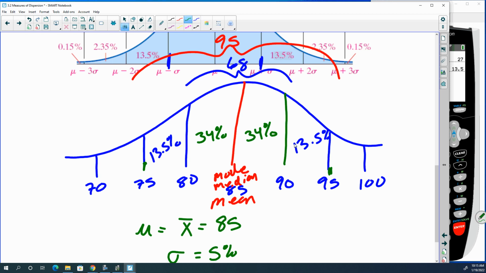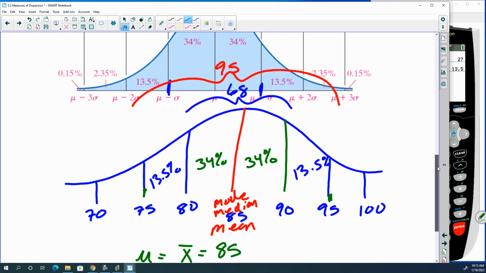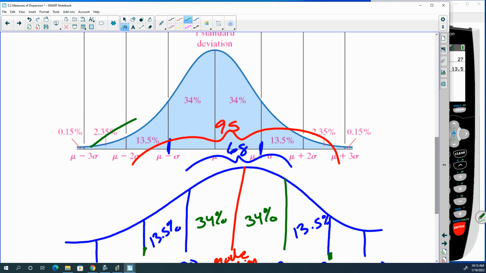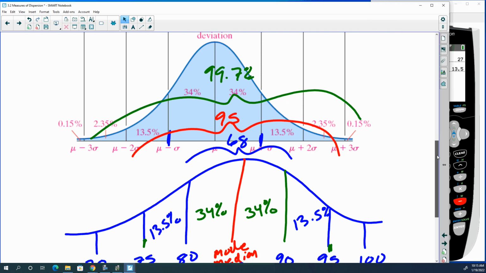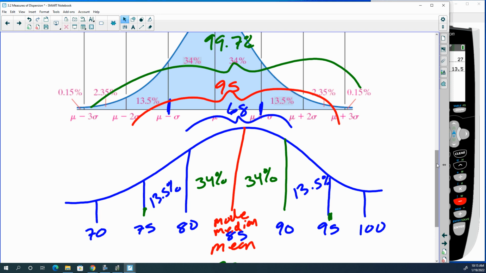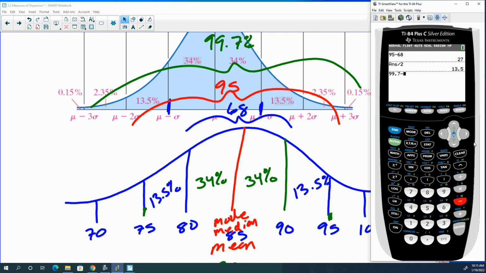And then if I wanted to know what percent of the class you'd expect to have a test score between 95 and 100, well, within 3 standard deviations of the mean, it's 99.7%. So if I took 99.7 and subtracted the 95% that I've already broken off, then these 2 end pieces, between 70 and 75 and between 95 and 100, have to total 4.7.